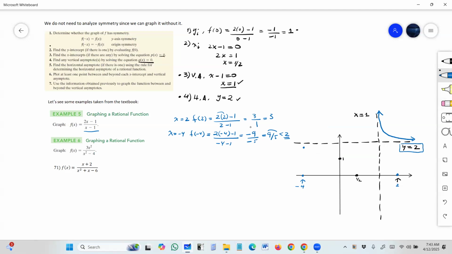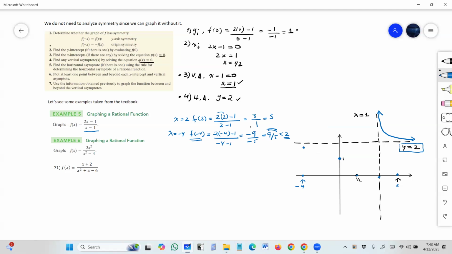Once I find f of -4, that it's right here, it's 9/5, which is less than 2, I know there is no graph in this region. Not only that, I know that my graph is here, that this is a y-intercept, and this is a root.